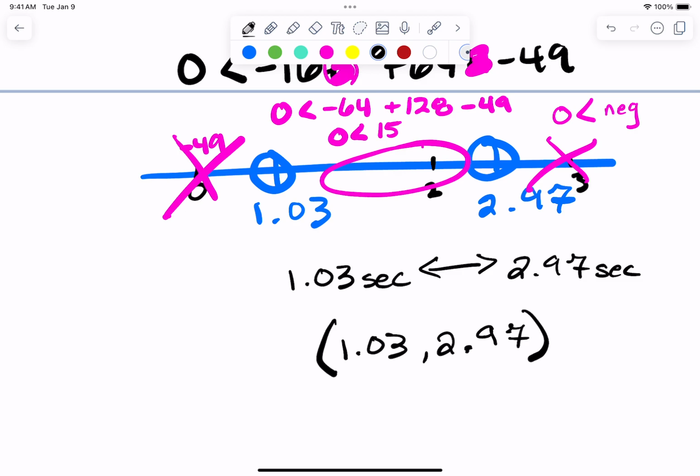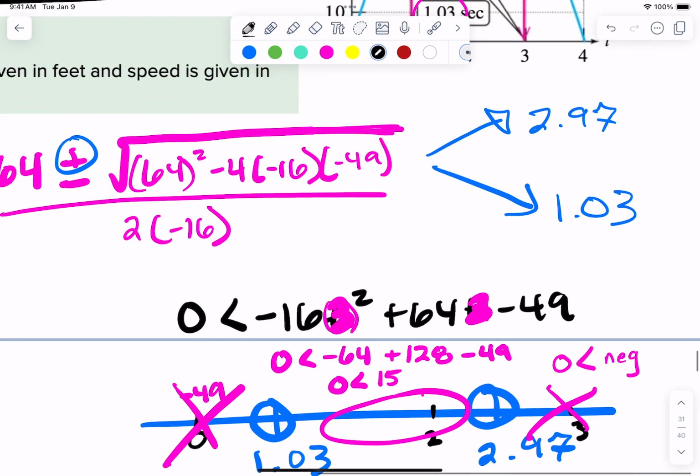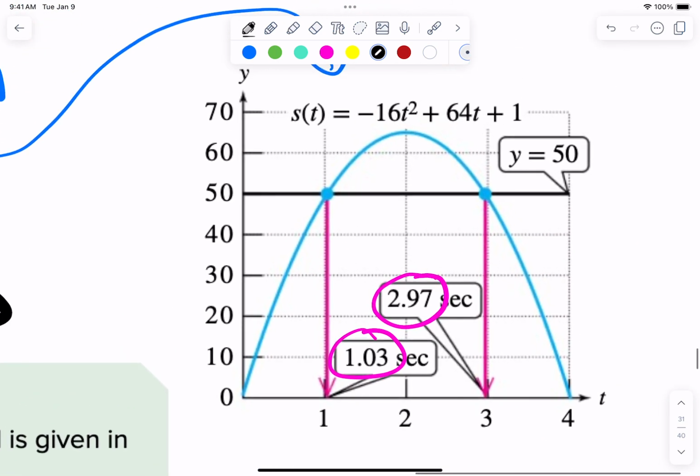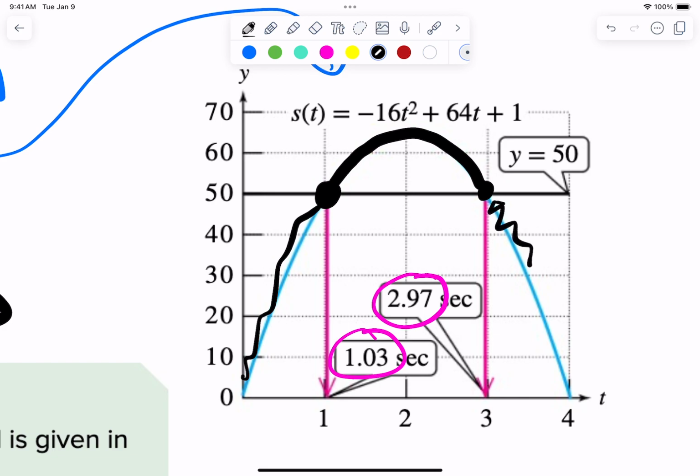At 3 seconds into flight, he is below the 50 height mark. At 5 seconds, he's below the 50 height mark. He might be on the ground by then. As long as he's between 1.03 and 2.97 seconds, he's above the 50 foot mark.